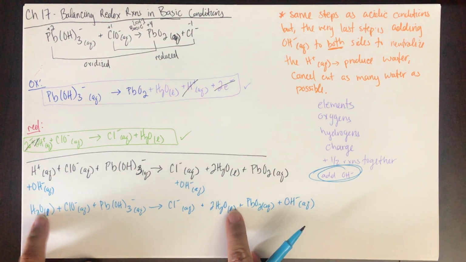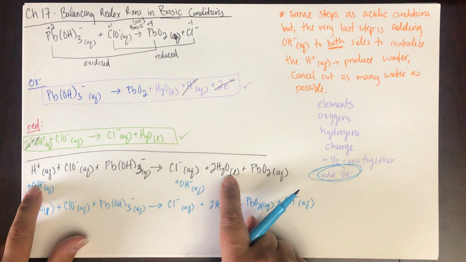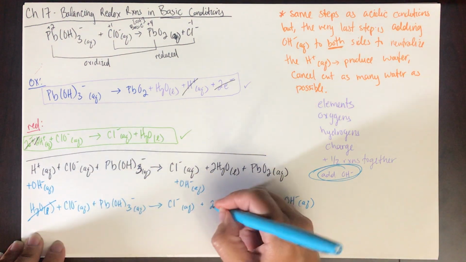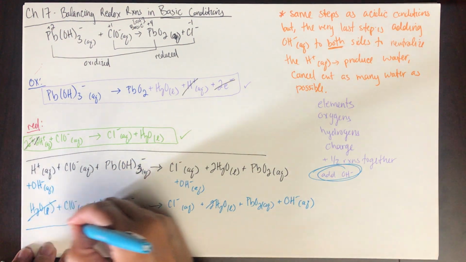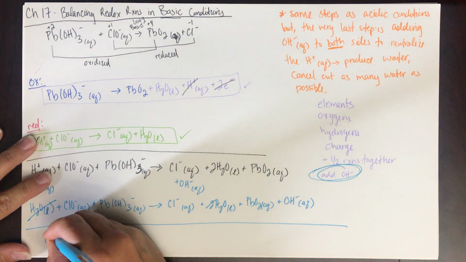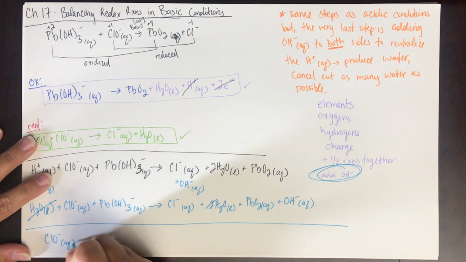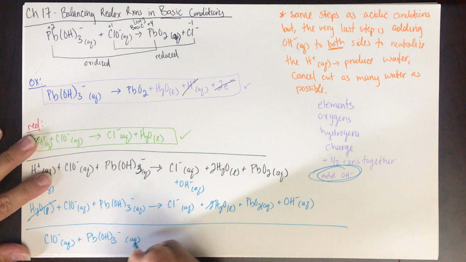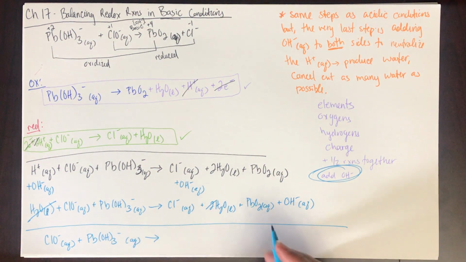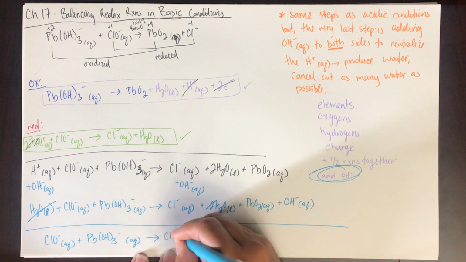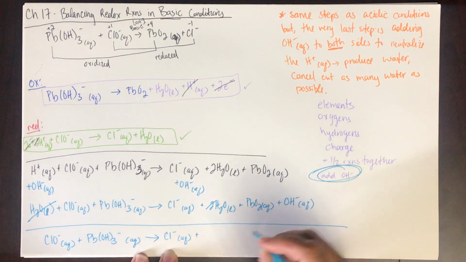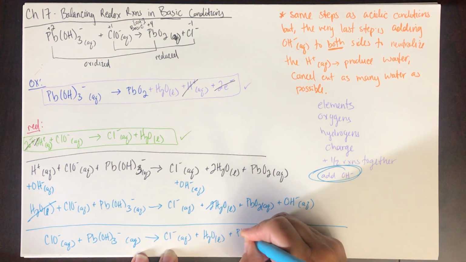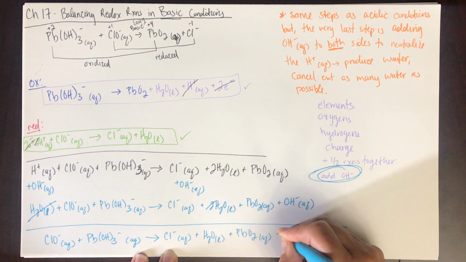So now I have water on both sides of the equation. Maybe you recognize that here. I just wanted to write it out to show you. So this one water on this side is going to cancel with one of these waters on this side. So finally what I'm left with is the hypochlorite ion plus the plumbite ion produces the chloride ion plus one water plus lead oxide plus hydroxide.